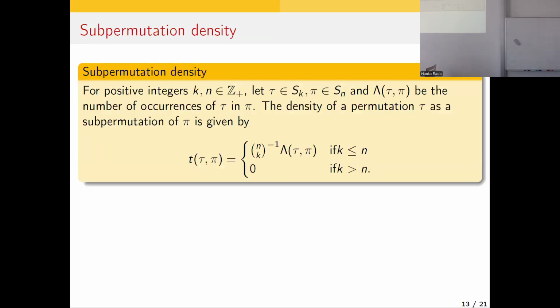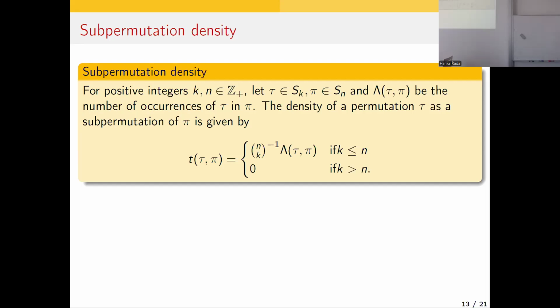Okay, so now I want to go to the convergence results. Before that, I have to introduce you to the concept of densities of subpermutations. Firstly, permutations.